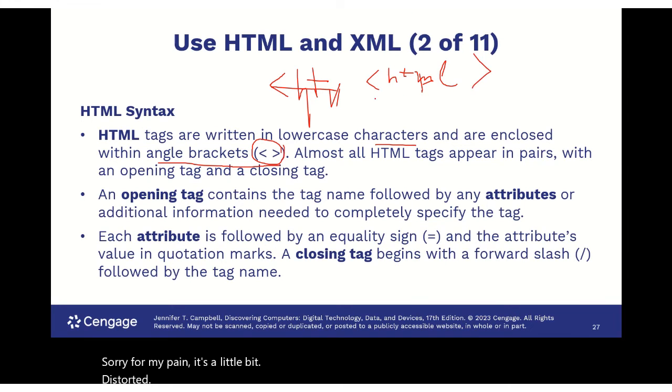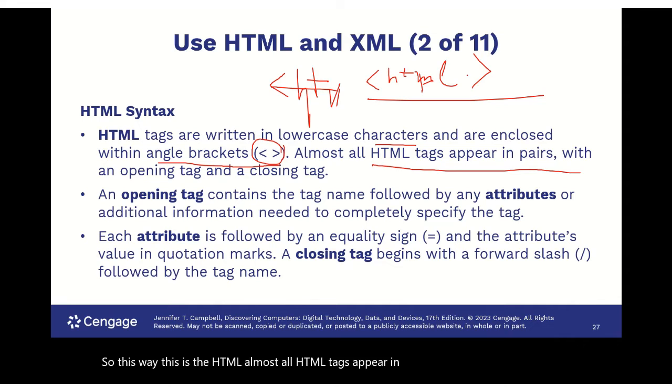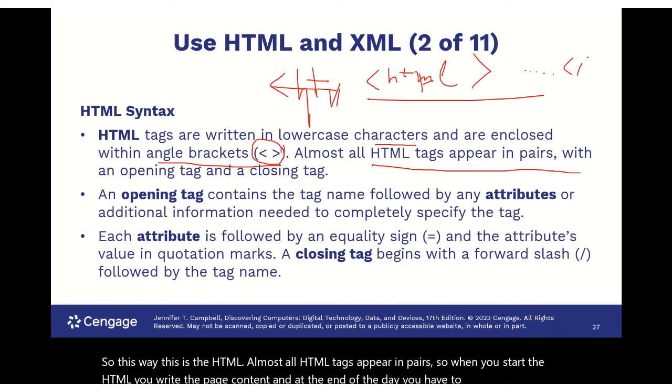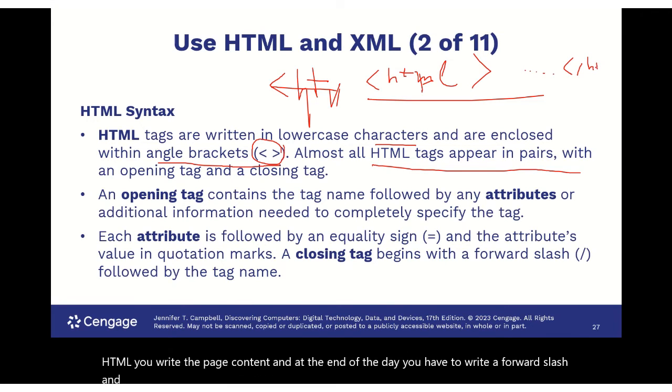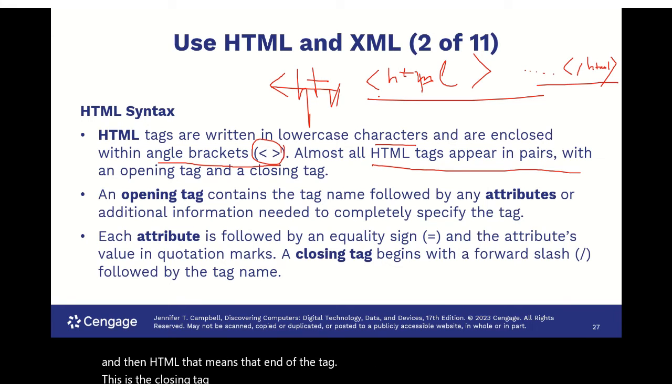Almost all HTML tags appear in pairs. When you start the HTML, you write the page content, and at the end, you write a forward slash and then HTML. That means the end of the tag. This is the start or beginning tag, and this is the closing tag.